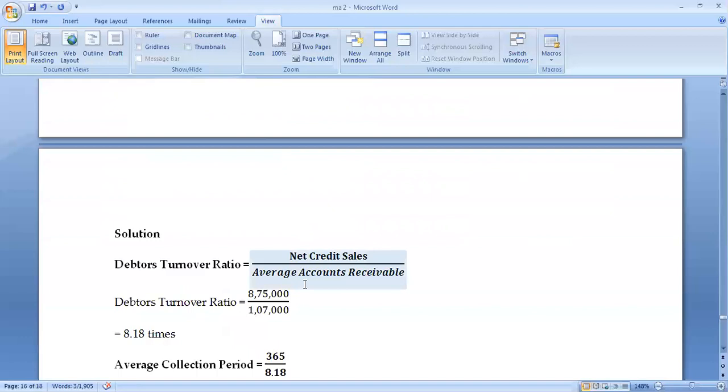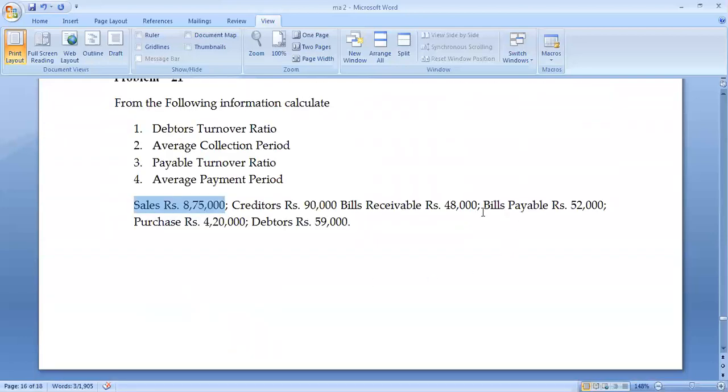So average accounts receivables will be, bills receivable is given as 48,000. Here in the case of debtors, they have given the bills receivable as well as the debtors. Sometimes, listen, they will give you opening bills receivable as well as opening debtors and closing debtors, as well as closing bills receivable. All that information should be taken into consideration.